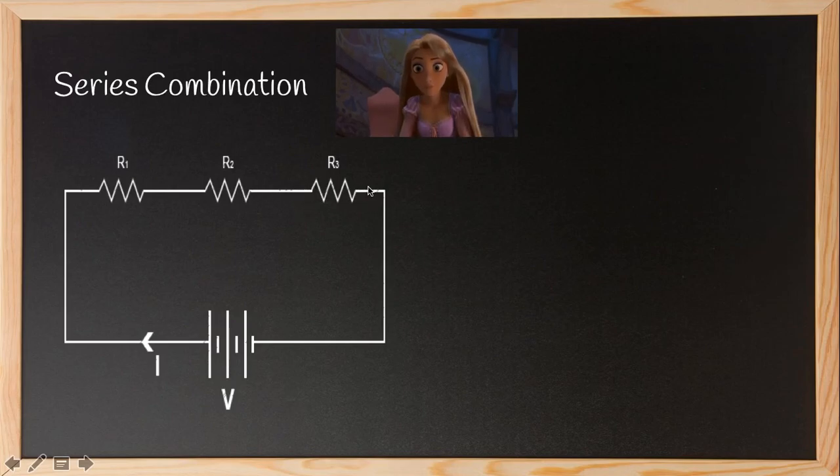And the end of R3, with no other resistance in between, is connected to the starting point of R1. They are all connected end to end. When resistors are connected end to end respectively, you say that it is a series combination.